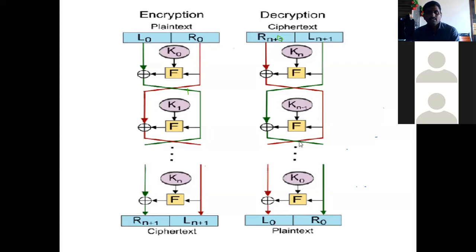So at both encryption and decryption side, we are using the same algorithm and the same key, which is called a symmetric approach. The same process we are performing at encryption and decryption, both sides. That is the advantage here.